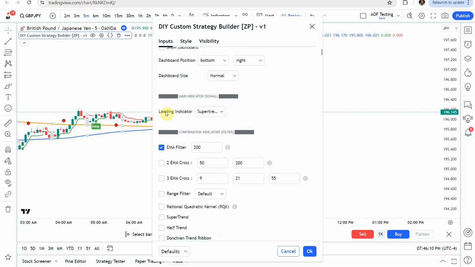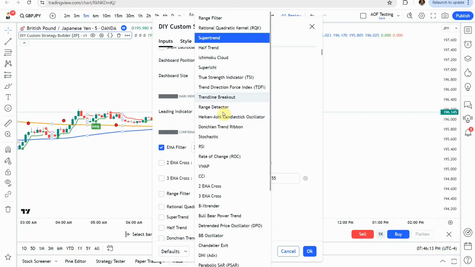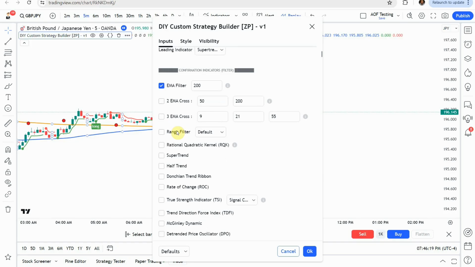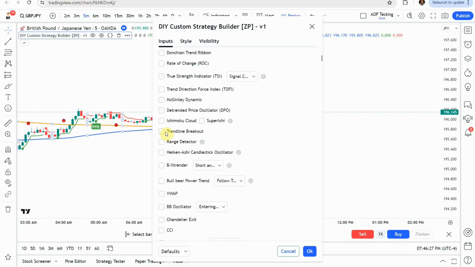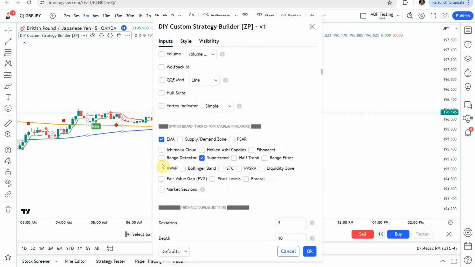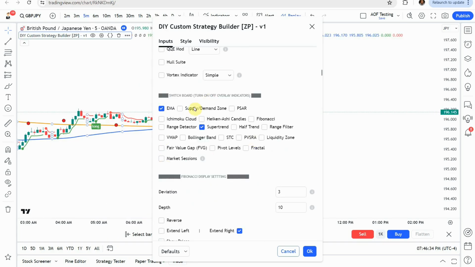Scroll down a little bit to the leading indicator. You're going to change that to super trend. Then scroll down a little bit more. Check the EMA filter, the 200 right here. Uncheck any of the rest of these that are checked. All the way down, scroll down. Under the switchboard, make sure that the EMA and the super trend is the only two that are checked.